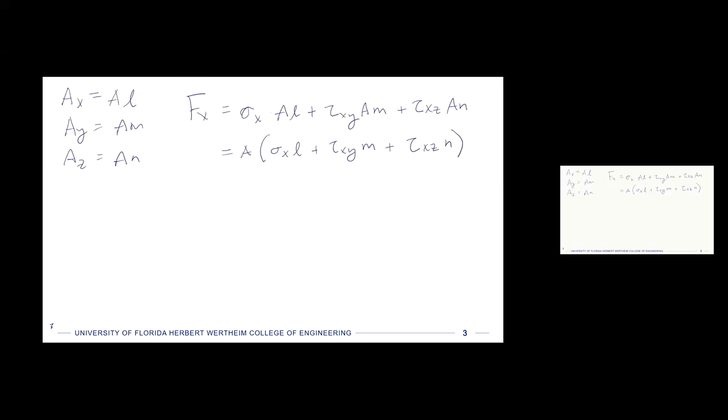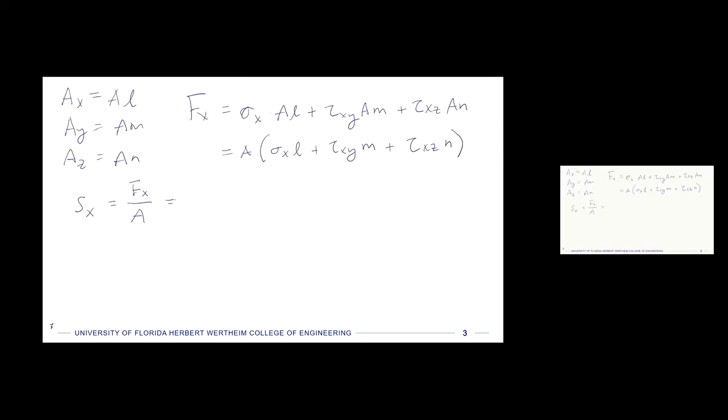And we can do this for Fy and Fz, right? We just have to follow through the same formula. What we want to do is eventually get to some stresses. So instead of Fx, we will define the stress, which I'm going to call Sx, in the x direction on that cut plane. It's going to be the force in x that we just defined divided by the area of that plane. We already factored A out, so that's very helpful.